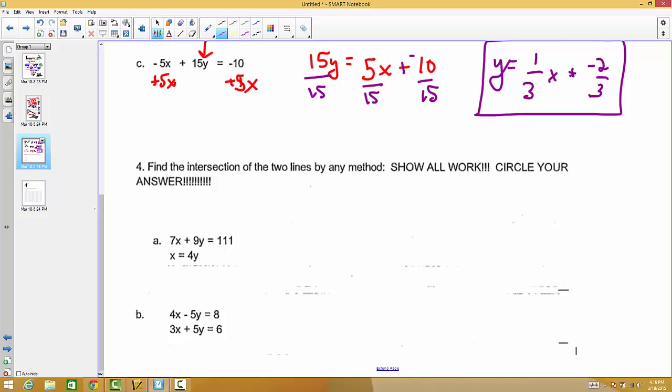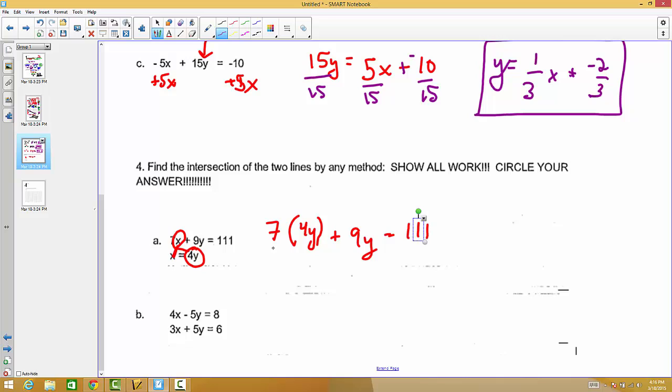All right, we're going to show where these intersect. The first one is set up for substitution. So this 4y, these x's are the same. So this 4y is going to go in for that x. So 7, and then instead of x, we are substituting 4y. That's that substitute teacher. It's in there instead of x. X is not there. And then you're writing the rest of this problem.